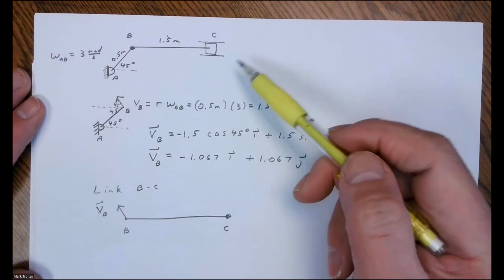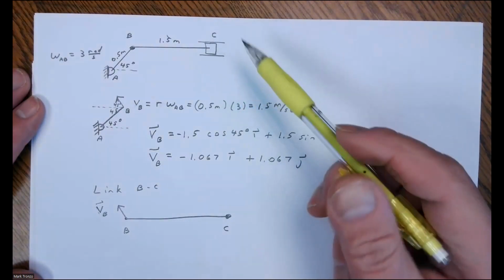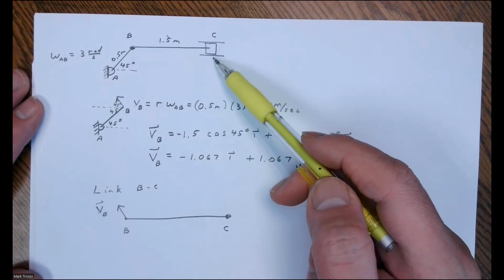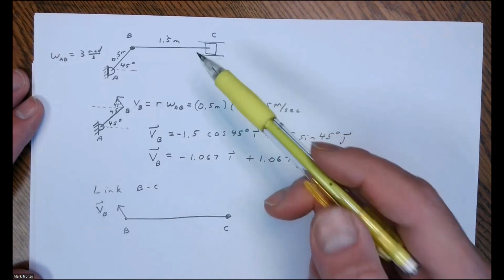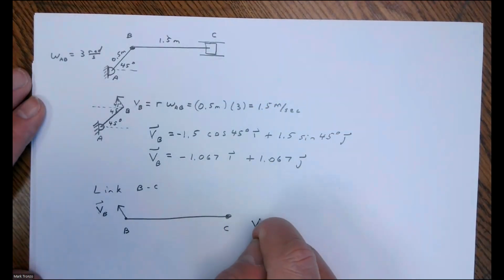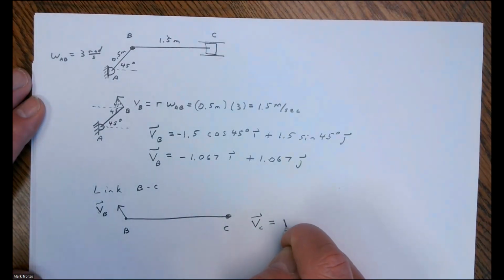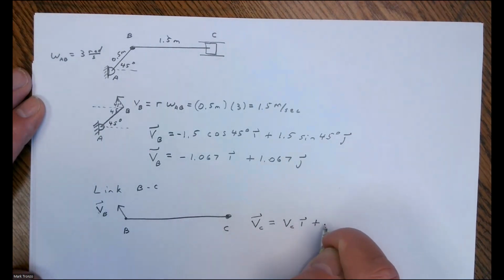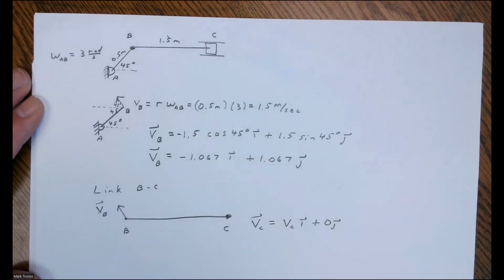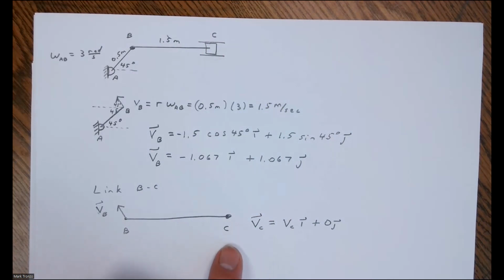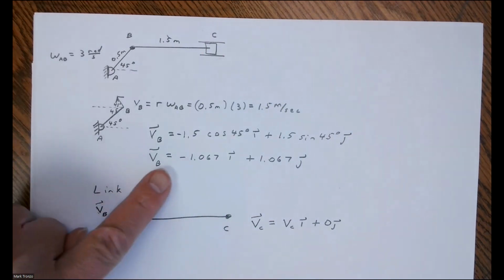And now notice that C is confined. It can only move in the X direction. So we know that VC, velocity of C, is going to be some scalar times I, and there's going to be nothing in the Y direction, 0J, because it cannot move in the Y direction. So that'll be the form of the velocity of point C. And we know this velocity here.